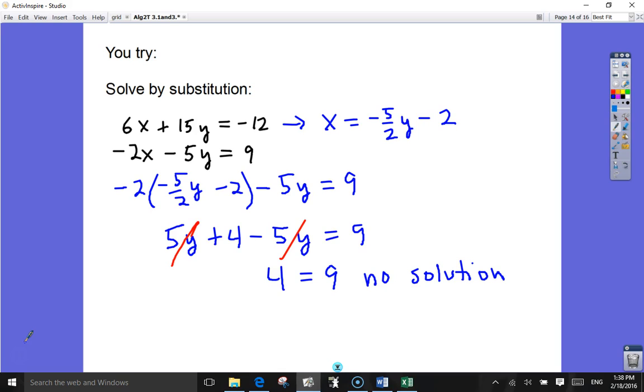So should have got something like that. I solved up here, plugged it in, simplified. And if you solve an equation, like in this step here, if I solve for x, and then I plug that exact thing back in for x right here and simplify, it'll make it look like it's the same line.